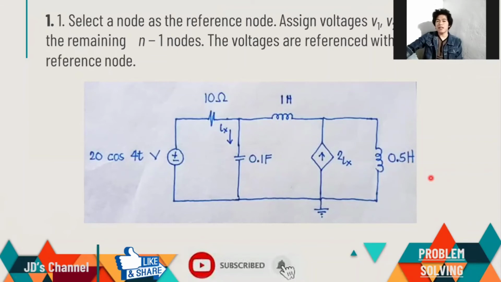Okay, so again, select a node as a reference node. So, nagkaroon tayo ng reference node dito. And assign V1, V2 to the remaining n minus 1 voltages. So, we have this V1 and V2. The node voltages are referenced with respect to our reference node.